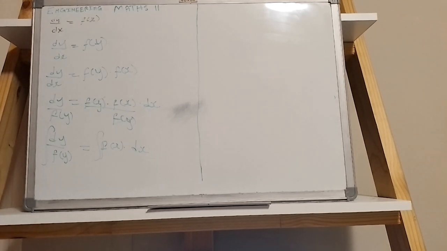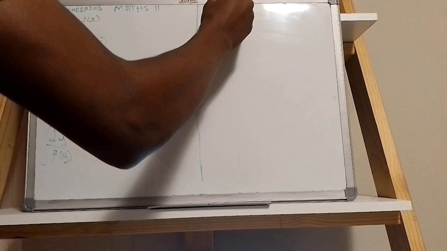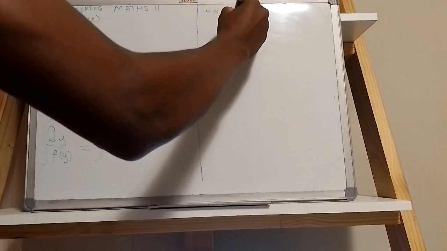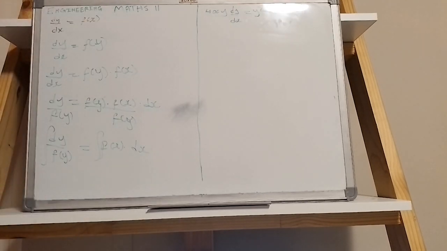Now, let's say you're given a question that says you need to find the general solution for dy over dx is equal to y squared minus 1 over 4xy. You need to separate the variables, and after separating, directly integrate.